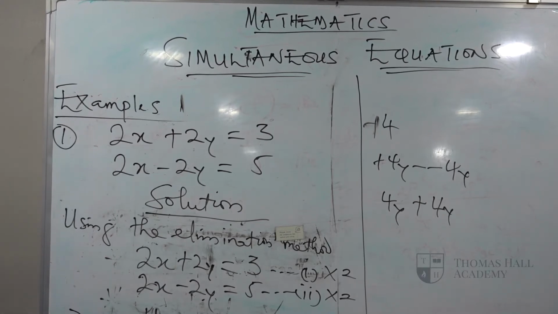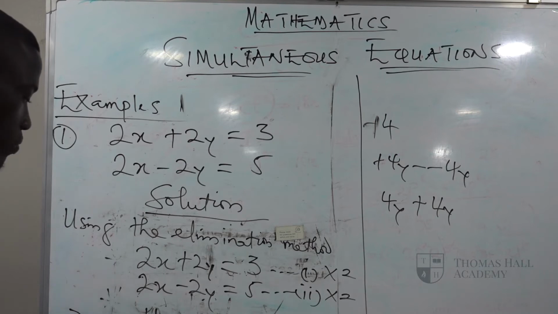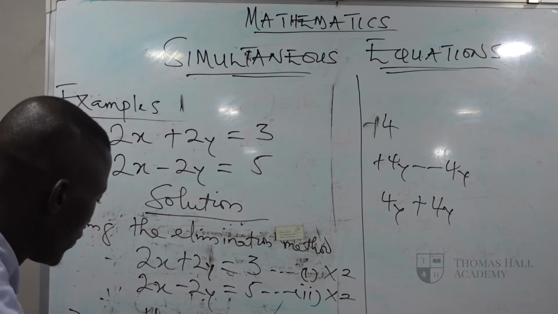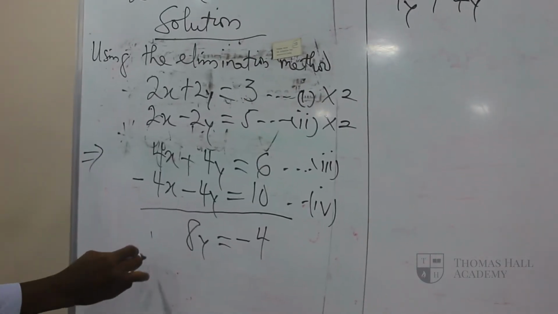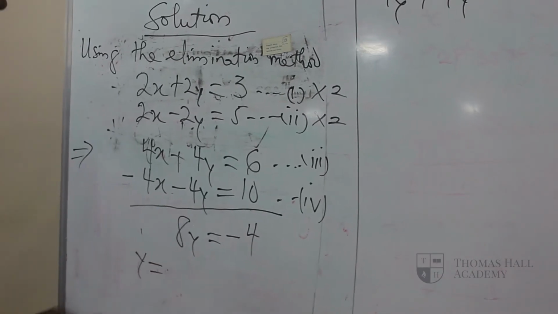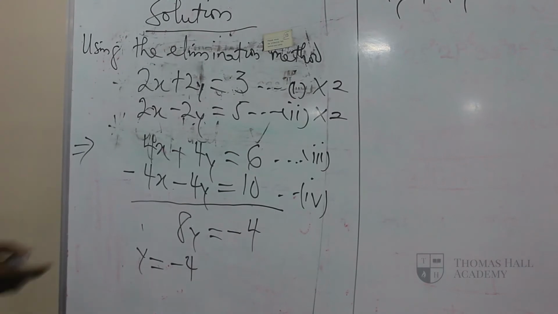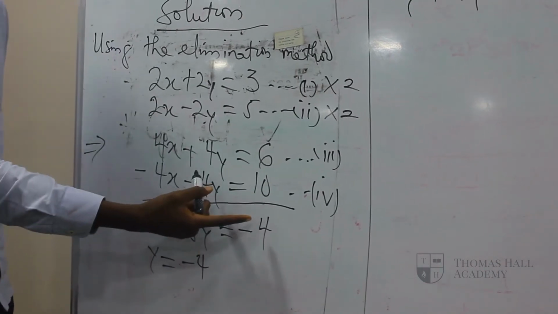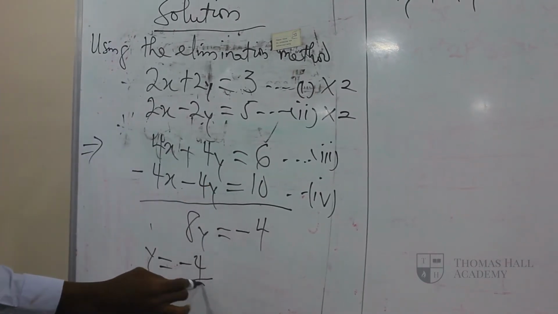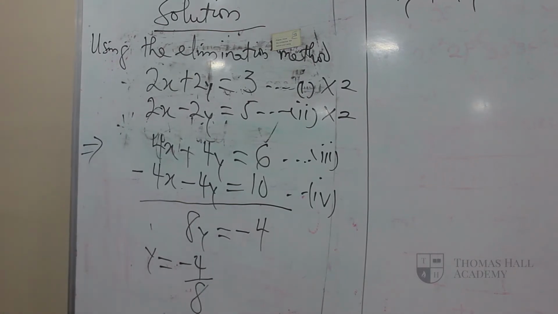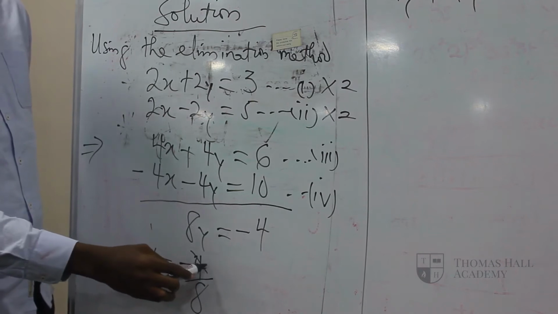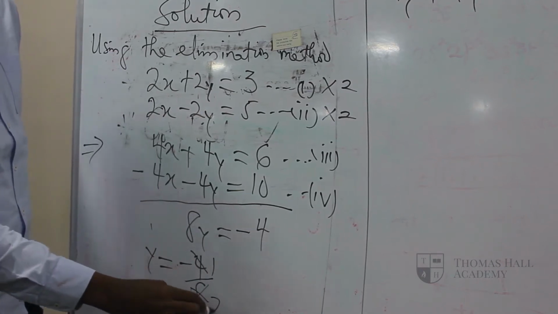At this point we have 8y equals to minus 4. Then divide both sides by 8. Our y then equals to minus 4 all over 8. 4 divided by 4 is 1, 8 divided by 4 is 2.